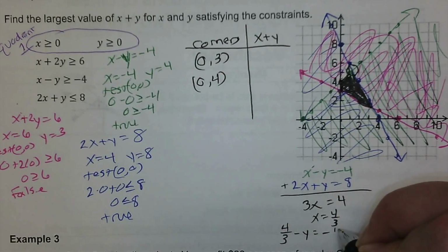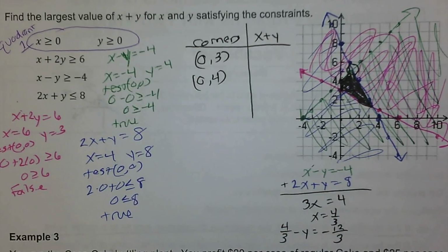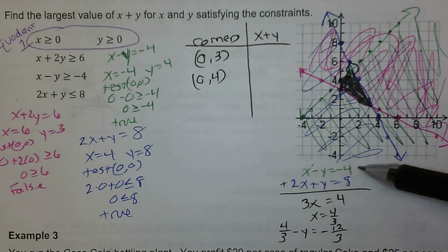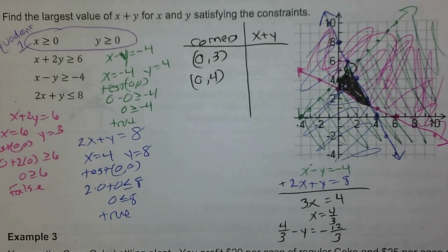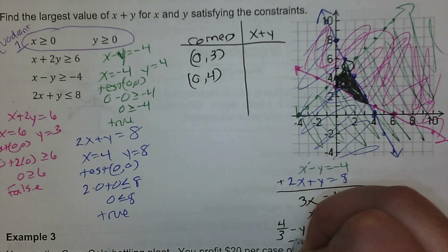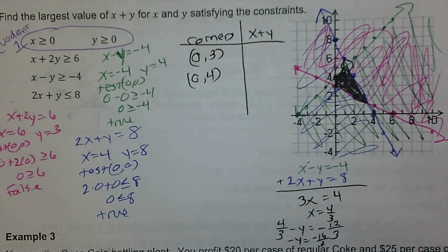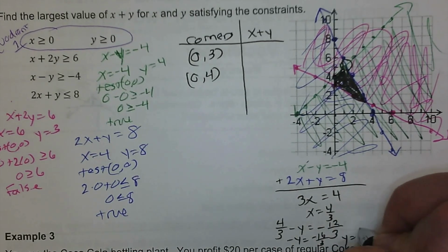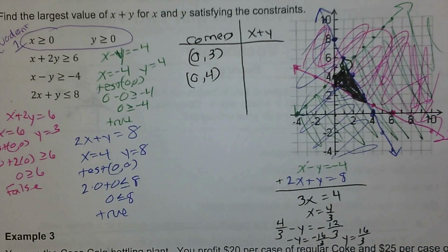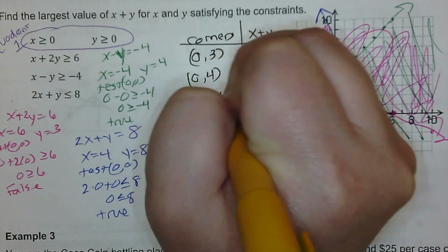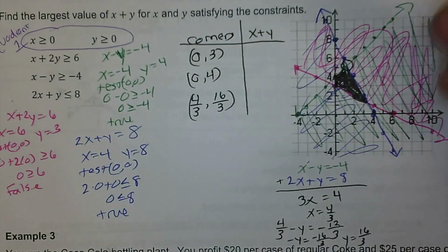I'm going to go ahead and change that to negative 12/3. I know I'm going to need common denominators here. That means, oh, I'm out of space here, negative y equals negative 16/3. So y equals 16/3. So our x is 4/3, the y is 16/3, and then I just want to double check.